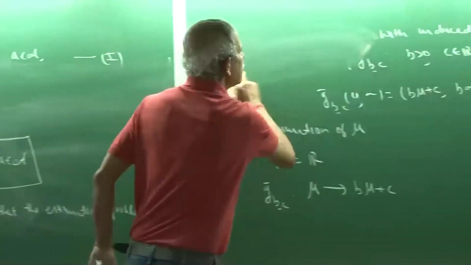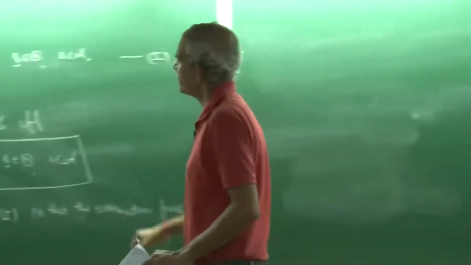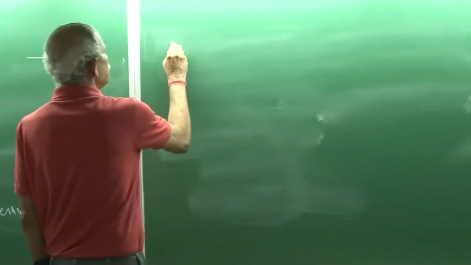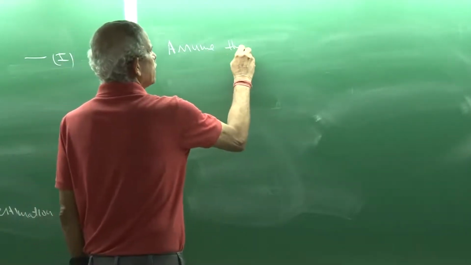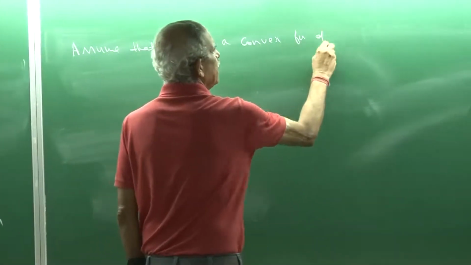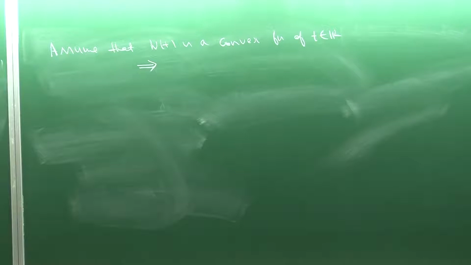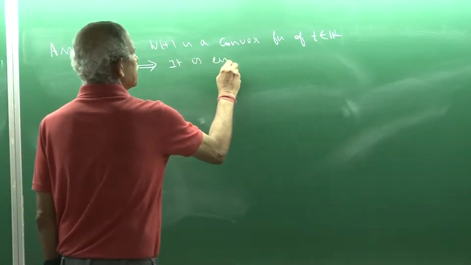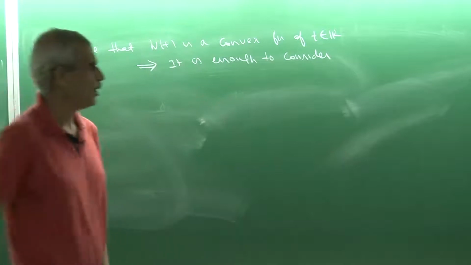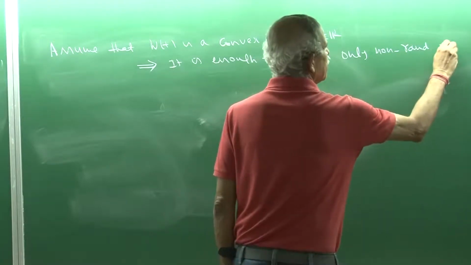So assume that, because if W is a convex function, then L of theta A, which is W of (A minus mu) by sigma, would be a convex function of A. So assume that W of t is a convex function of t, which basically implies that it is enough to consider only non-randomized estimators.